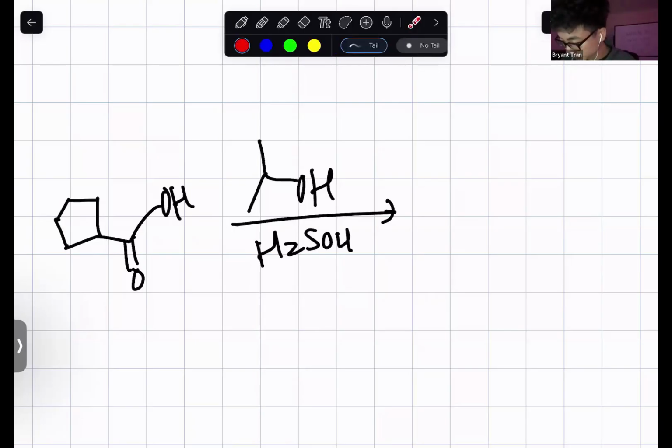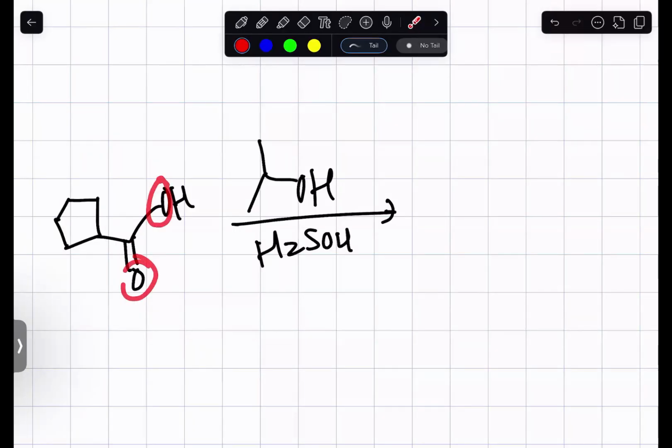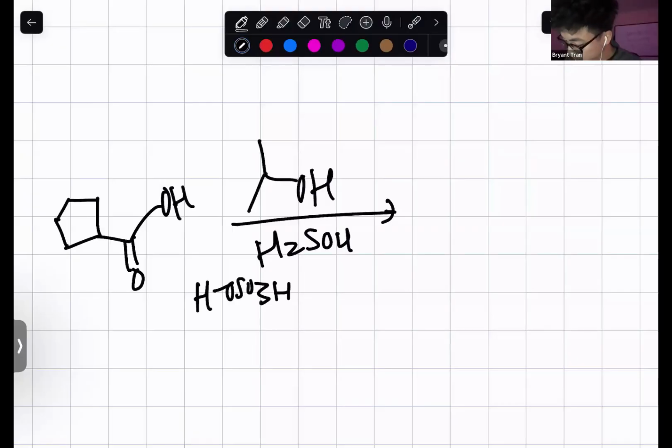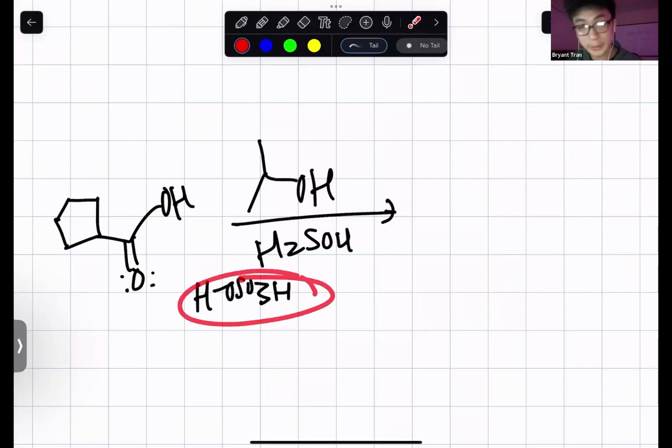So we want to create a positive charge on which of these oxygens? This oxygen or this oxygen right here? The double bond oxygen. Yeah, the double bond oxygen is the more basic one, which is gonna react with this very strong acid here, H2SO4.